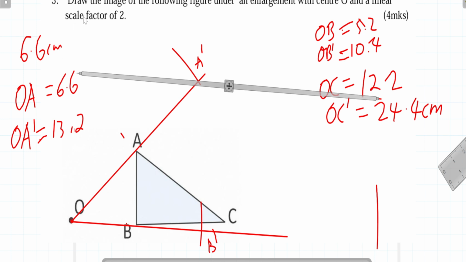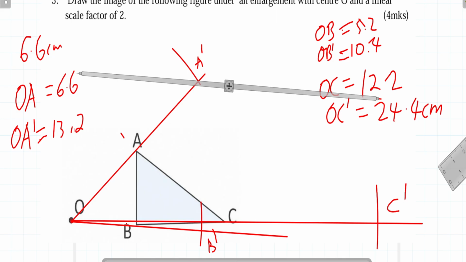So connect this line to this. It will be here. So here is C prime.